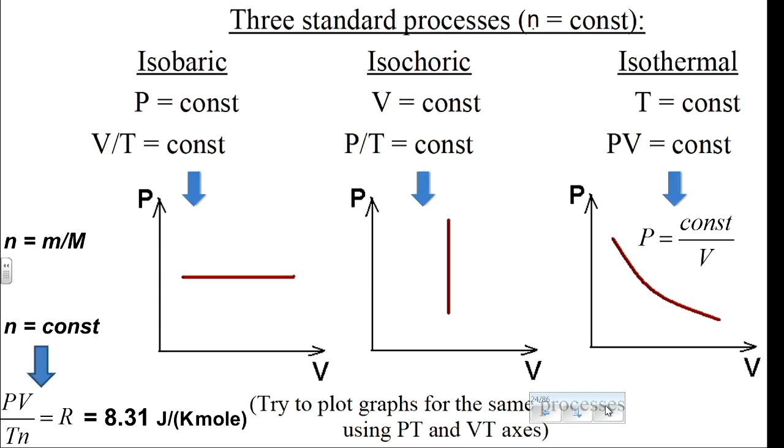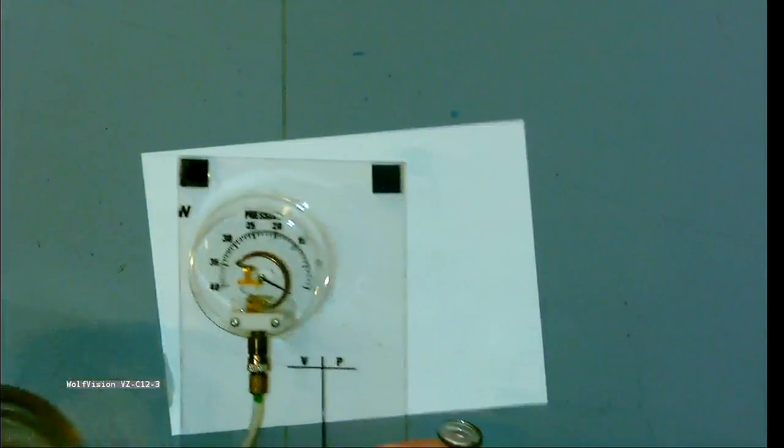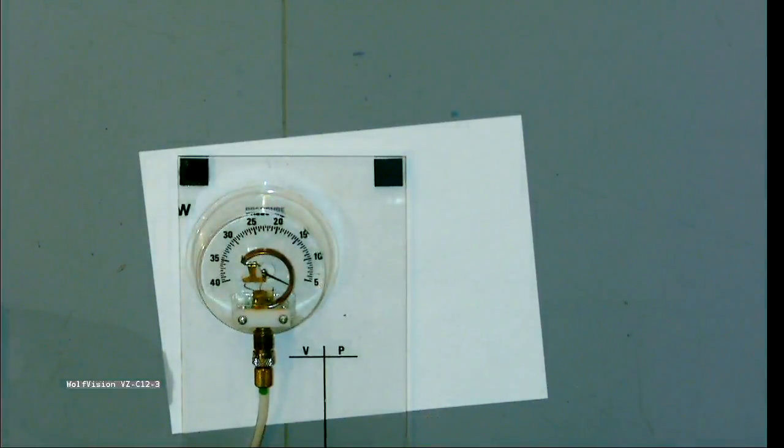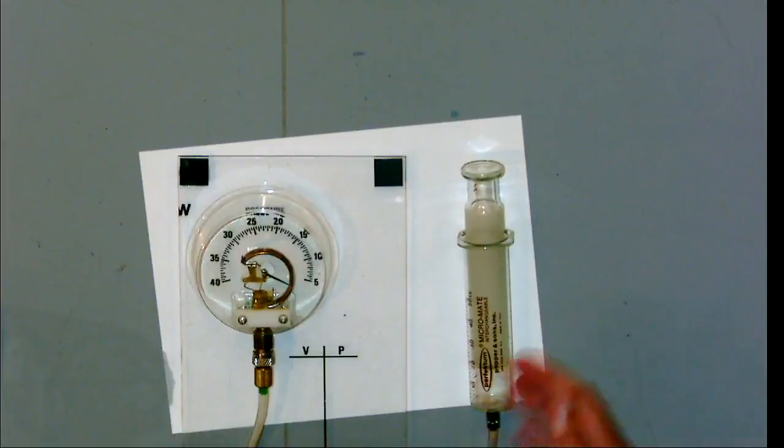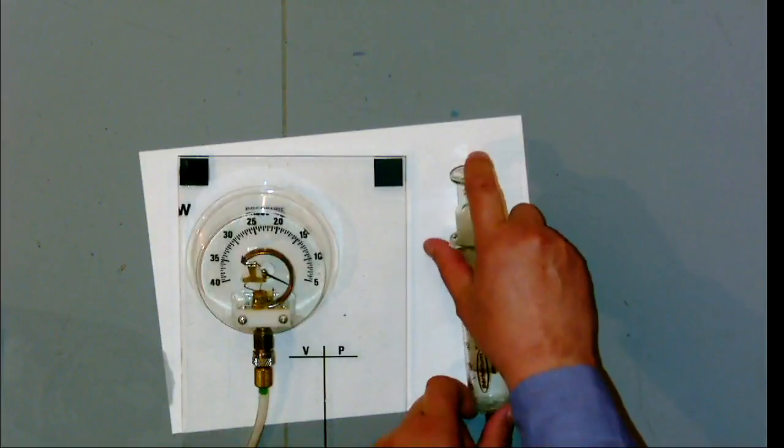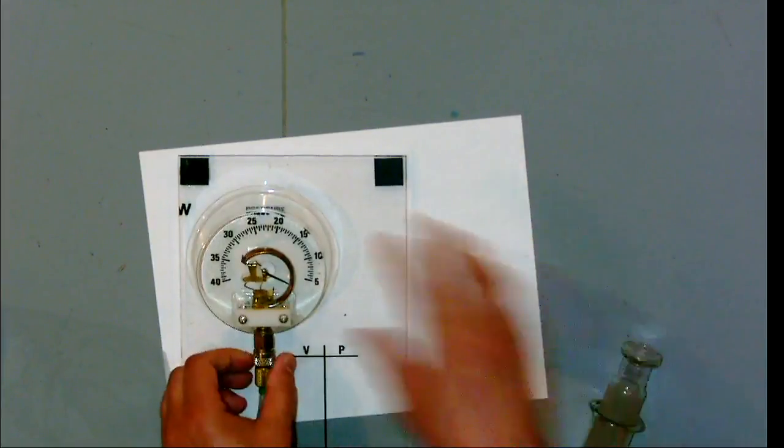One more process, isothermal. It happens when we change very slowly volume and pressure. Here I have a syringe, and I can change the volume by pressing in.